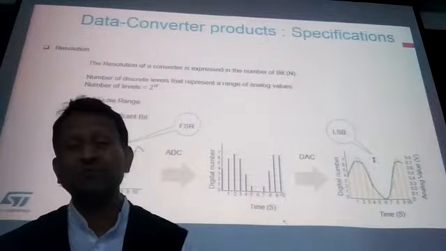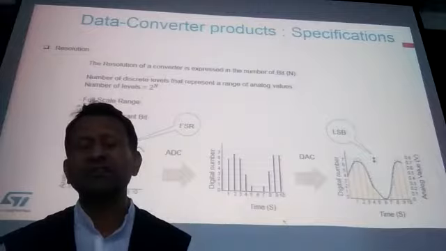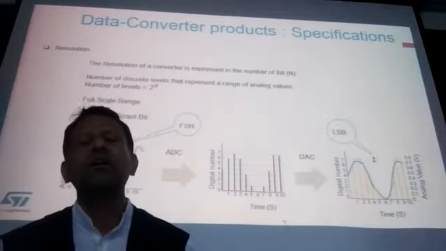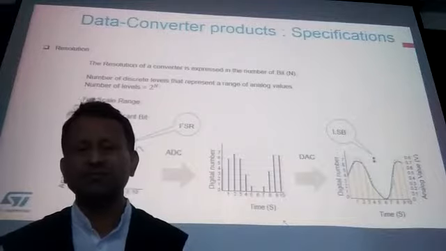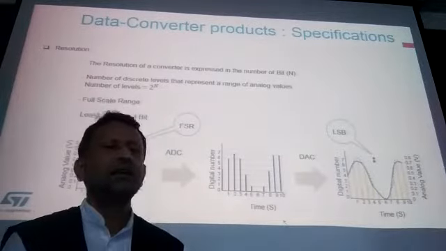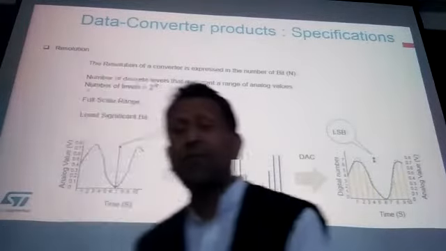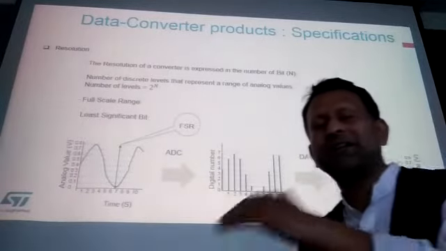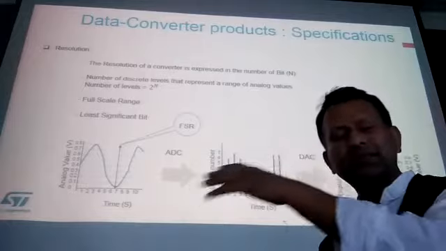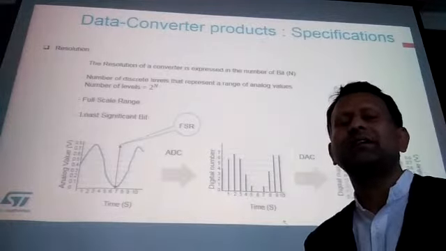As we can see, if there is, suppose, 10-bit resolution, the number of discrete levels is 2 raised to the power 10, which is 1024. So in 10 bits we can represent any analog signal into 1024 levels.